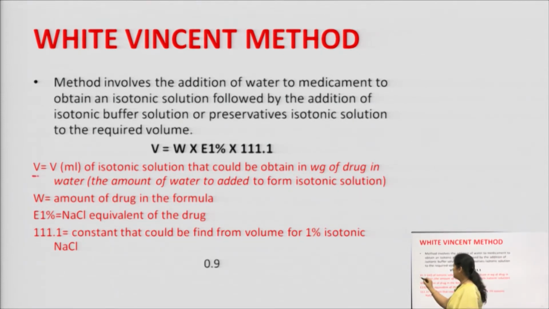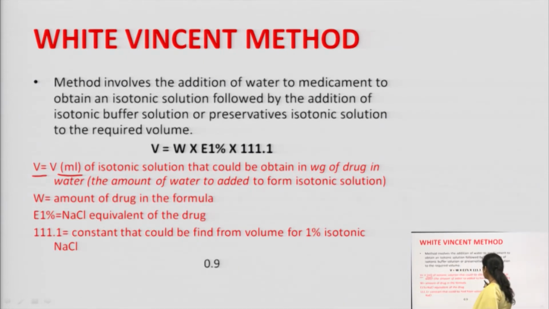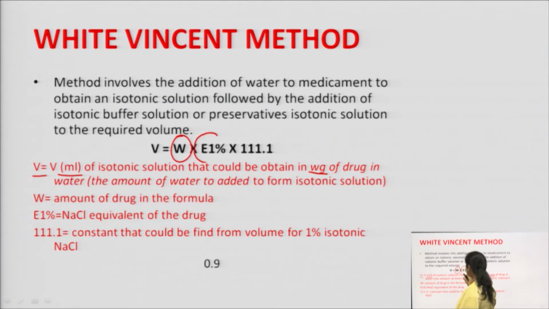What is V here? V is the ml of isotonic solution that could be obtained in W gram of drug in the water. W is what? This is the amount of the drug in the formula. E 1% is what we did earlier, that is the NaCl equivalent of the drug, and this 111.1, this is what? This is a constant that could be found from the volume for 1% isotonic NaCl.